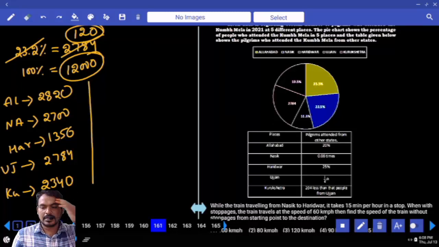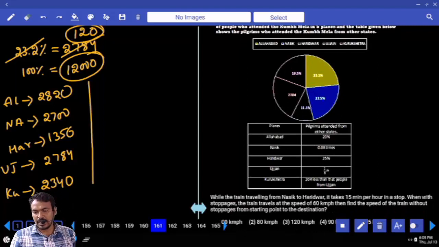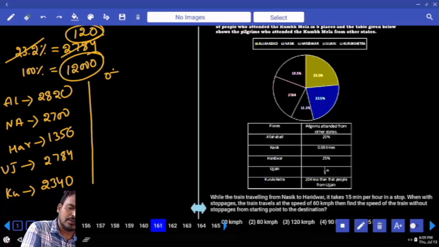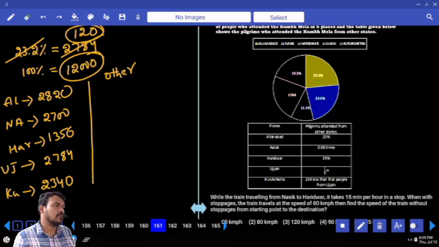Next, what is the table given? Places Allahabad, pilgrims attended from other states. From other states, how many members are there? 20%. 20% of which one? 2820. What is the meaning? Total attended Allahabad Kumbh Mela 2820. The 20% are which ones? Other states.